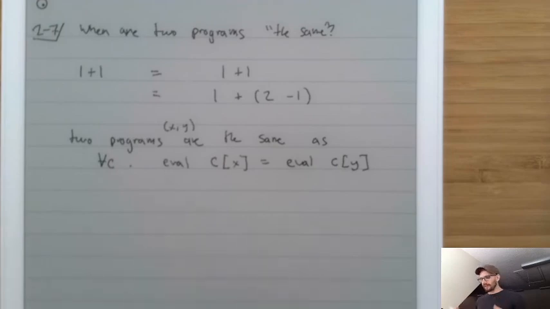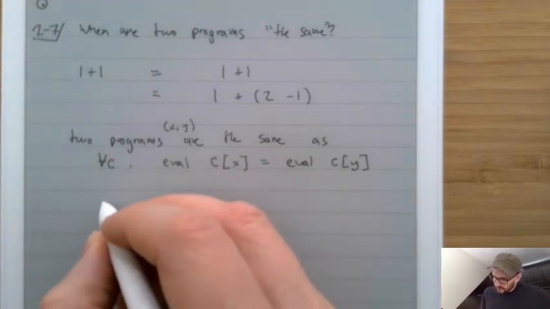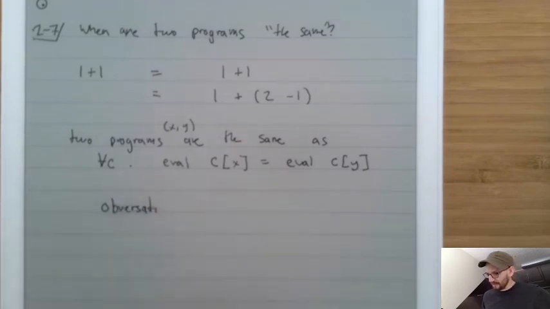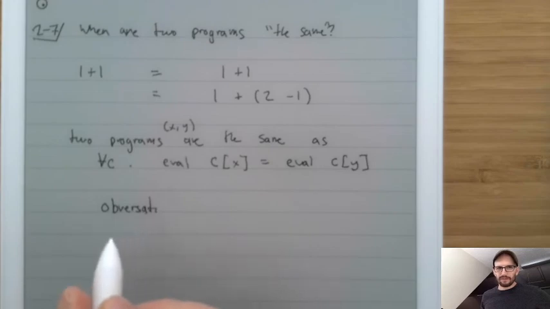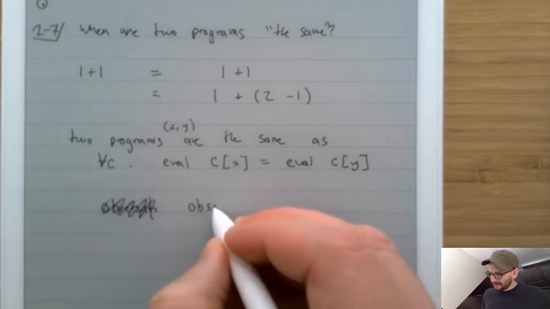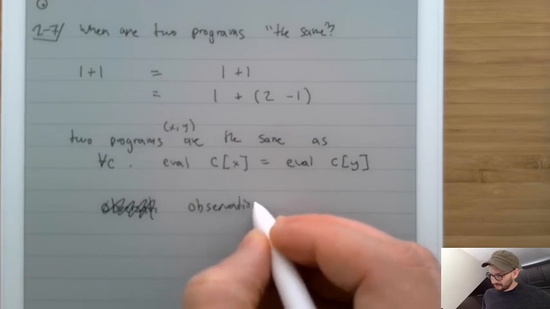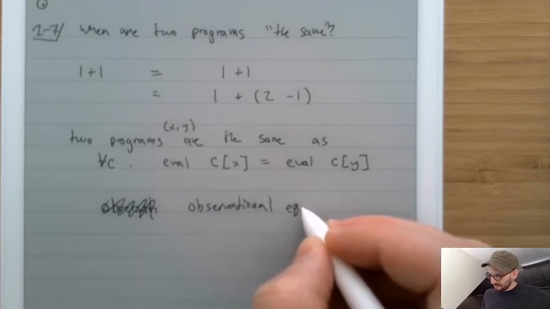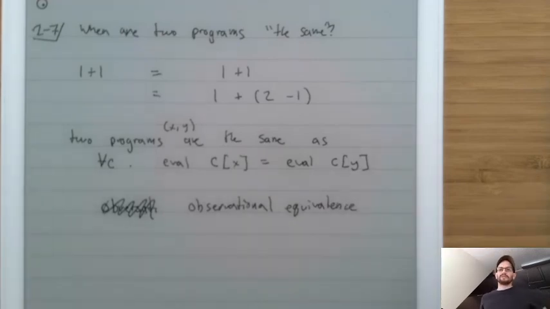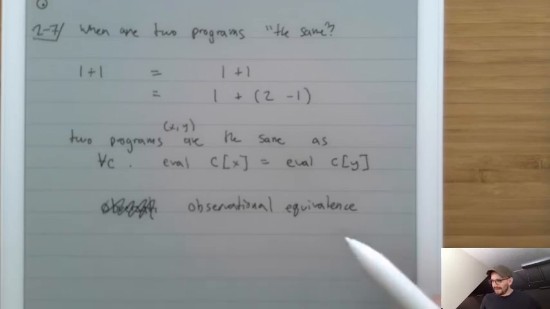This is a really, really powerful idea, and it's called observational equivalence. And it is a powerful principle for comparing programs. It basically establishes a relation on programs.